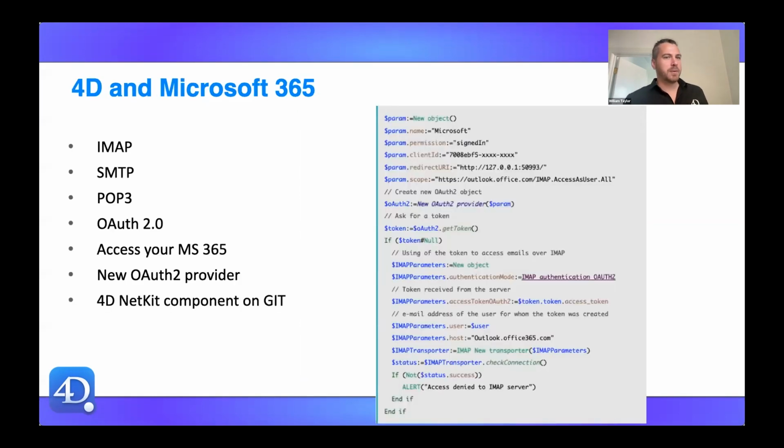So following the introduction of OAuth 2.0 authentication for accessing email via IMAP, SMTP, POP3 transporters, 4D v19 R3 also implements the OAuth 2.0 protocol for Microsoft 365. And this was a feature that was highly demanded of our developers last year.